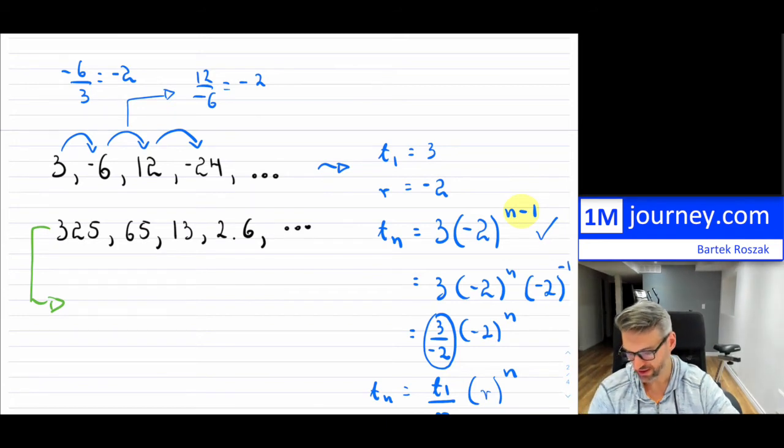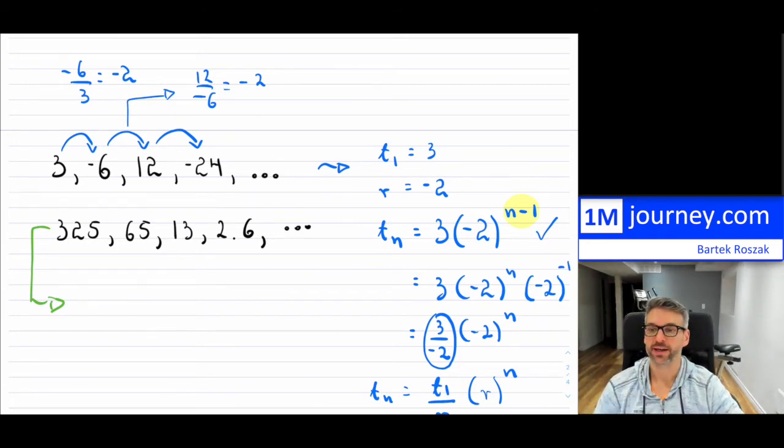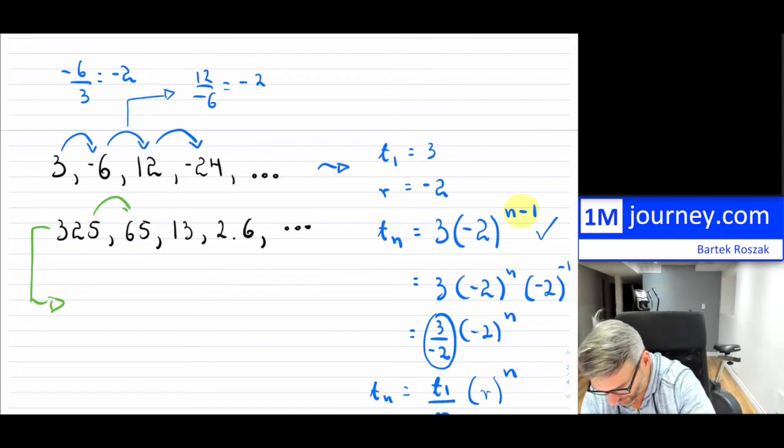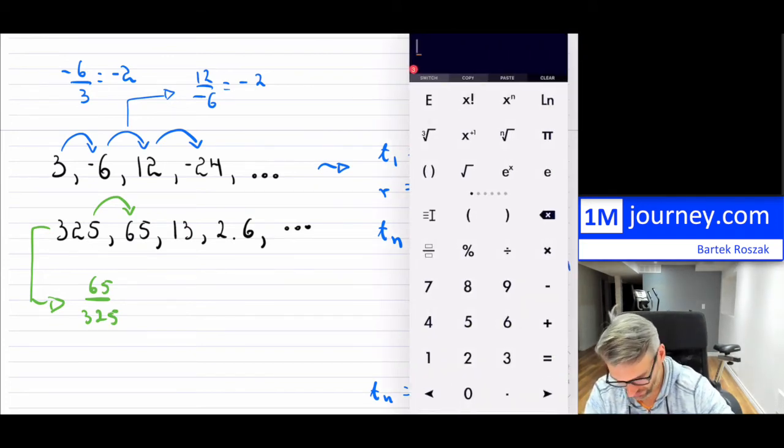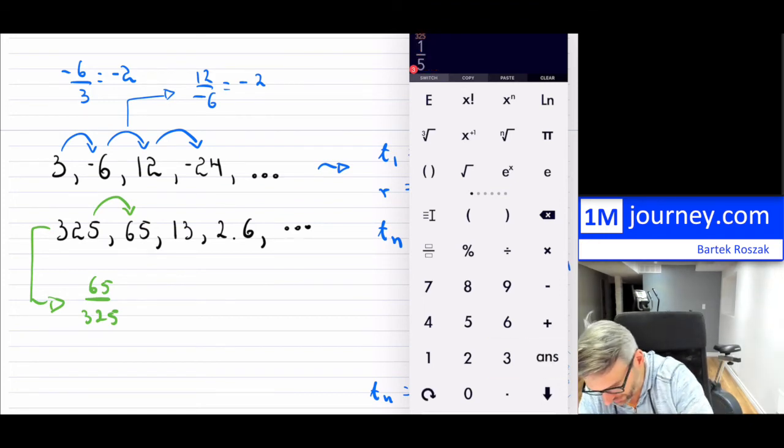So this one looks like it's actually decreasing. That means it's going to be a multiplication by something which is less than 1, right? So let's take a look. If we go from here to here, we get 65 over 325. And what can that be? Let's reduce it. 325, that's 1/5.